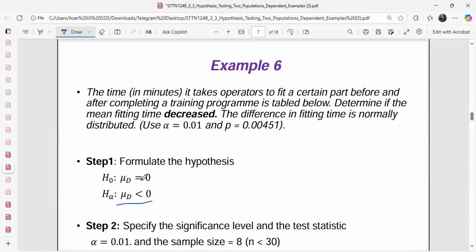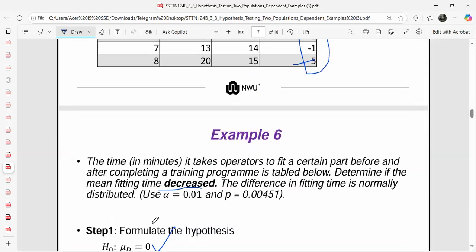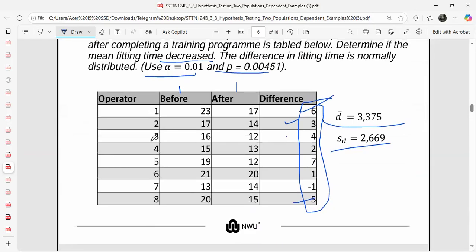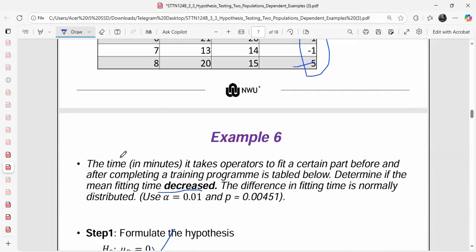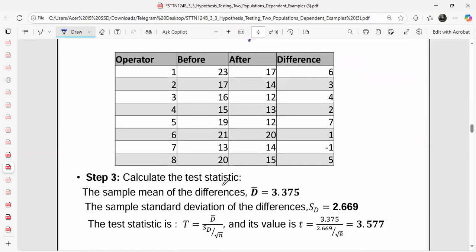Remember, you just say mu d is equal to 0 because of the decrease, so you are going to use less than. Now, step number 2, you specify the level of significance, we're given alpha. Because now, look at this. 1, 2, 3, 4, 5, 6, 7, 8. n is equal to 8. It's a small sample because it's less than 30. So therefore, we're going to use t. Use the t here. Then you substitute.